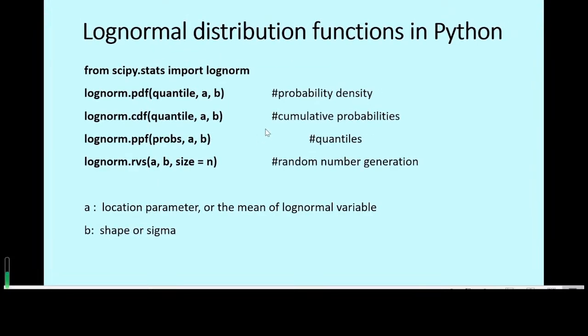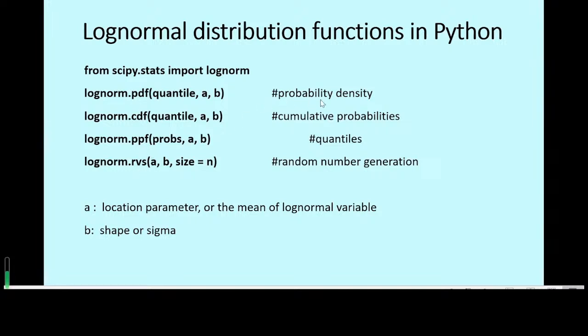So in Python, if you want to use the lognormal distribution, we have to import the scipy.stats module called lognorm. Then we can use 4 functions: lognorm.pdf, cdf, ppf, and rvs.